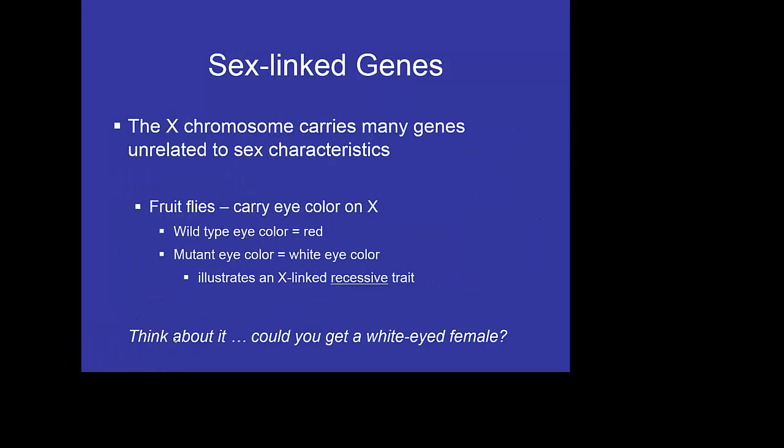So in some species, we look at this being an indicator of particular phenotypes. Fruit flies actually carry eye color on their X chromosome. So again, fruit flies as a poster child for genetics. We can look at eye color as an indicator of whether or not particular genes have been inherited.